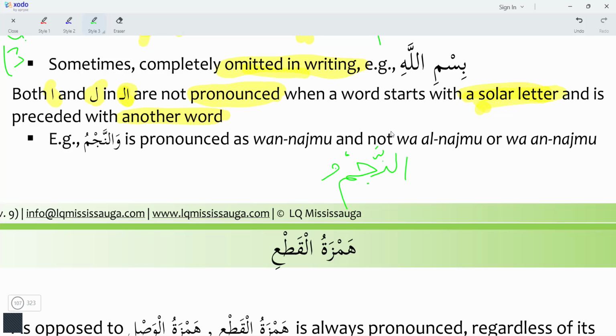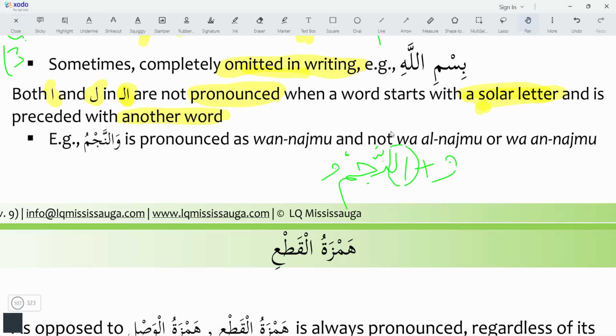Or this Hamza, we will pronounce with the noon: an najmu. And if there is a word before this, then we will not pronounce the alif also. This alif and lam we will not pronounce here. We will pronounce wan najmu.